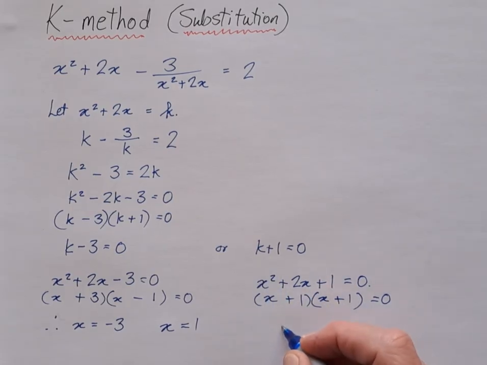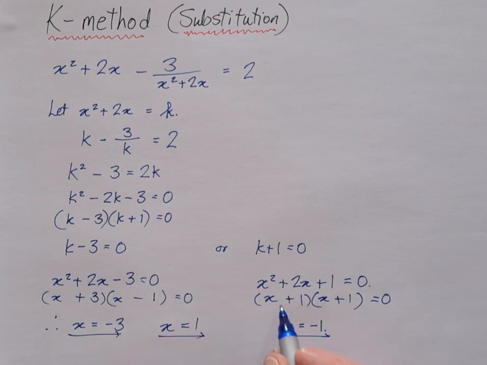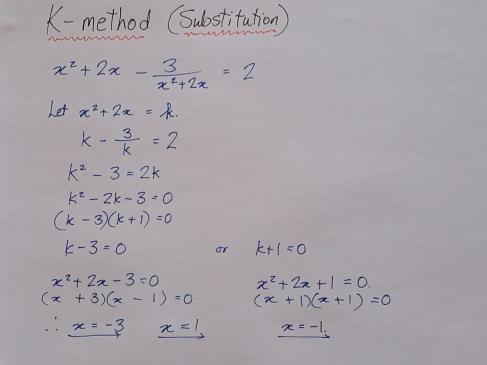And so here I only have x equal to, what would make that bracket equal to 0? Negative 1. So there I have my three answers for x. As I say, it could have been 4 answers if those 2 had been different brackets. So that is how to use the K method.